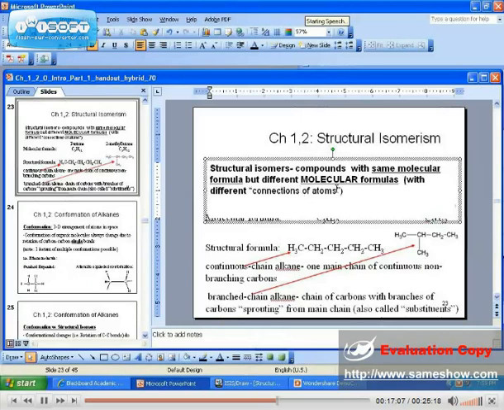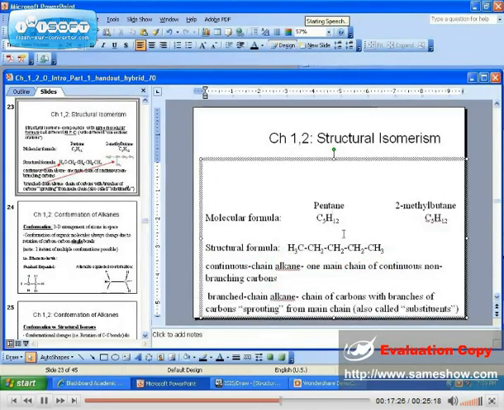So if I have two molecules and they have different connections, then they're structural isomers of each other. Think of molecular formula as good old molecular formula such as C4 or C5H12, as you see here.